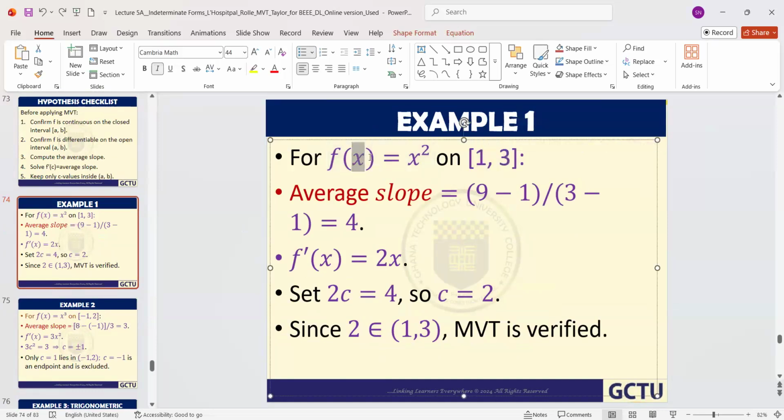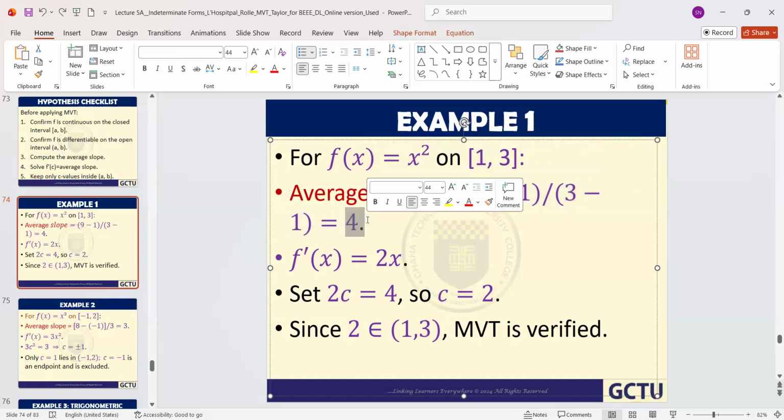So what is f(3)? 3 squared gives me 9. If I substitute 1 squared, that gives 1. So 9 minus 1 gives me 8, all divided by b minus a. b minus a is 3 minus 1, which is 2. So 8 over 2 gives me 4.